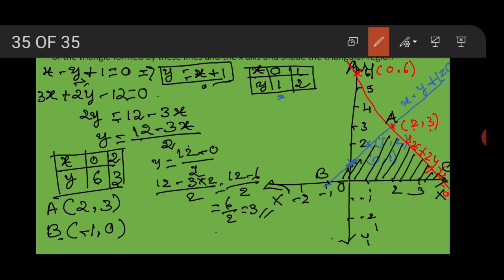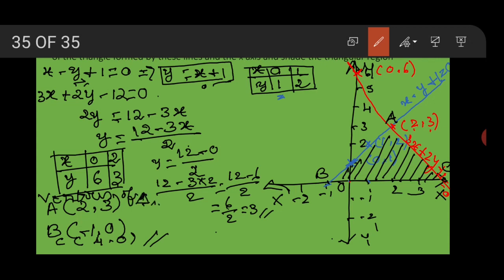Then B is what? This is B, and the value of x is -1 and y value is 0. And coordinates of vertex C is what? 4, 0, right? Yes, these are the vertices of the triangular region.